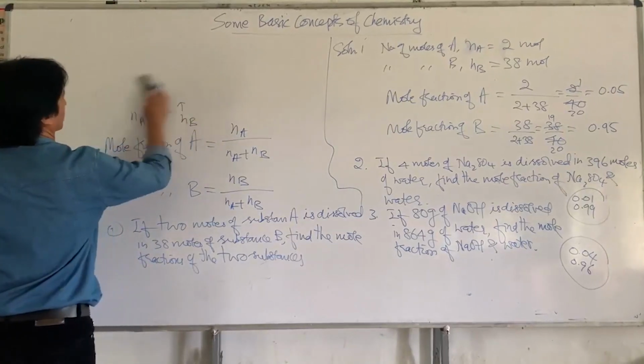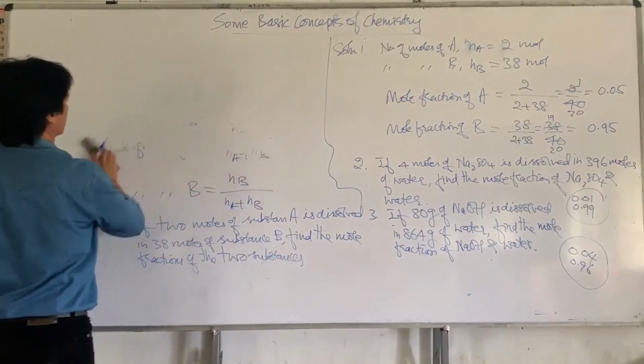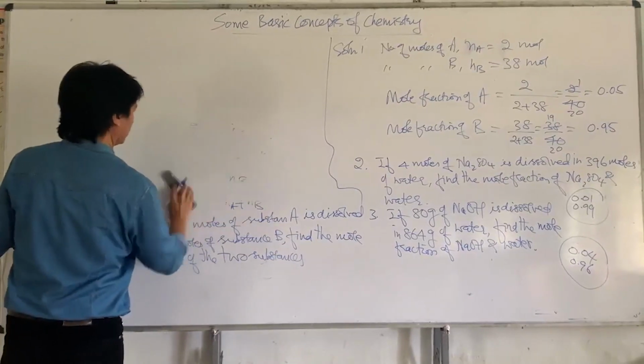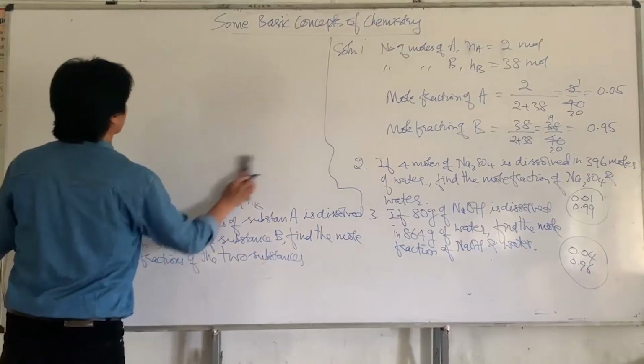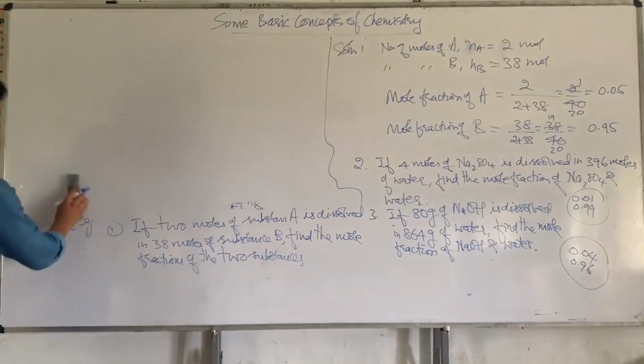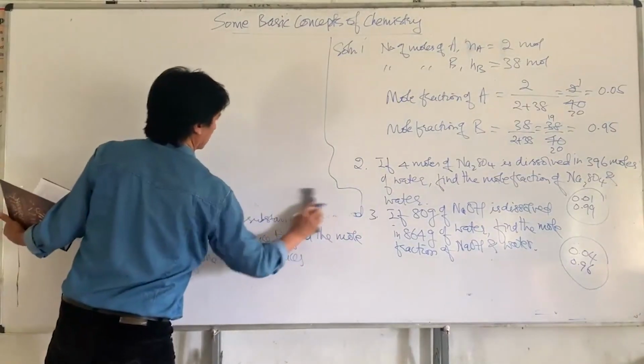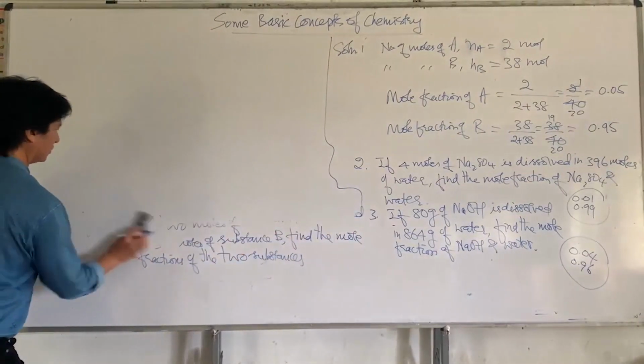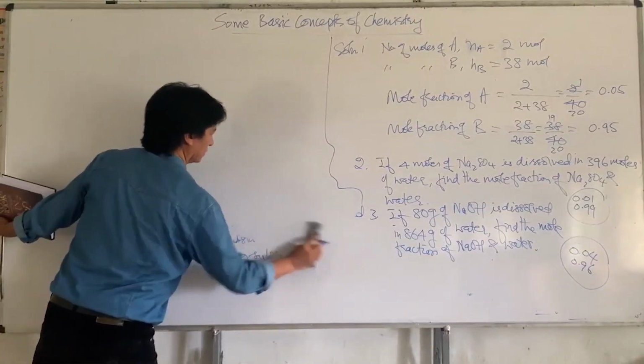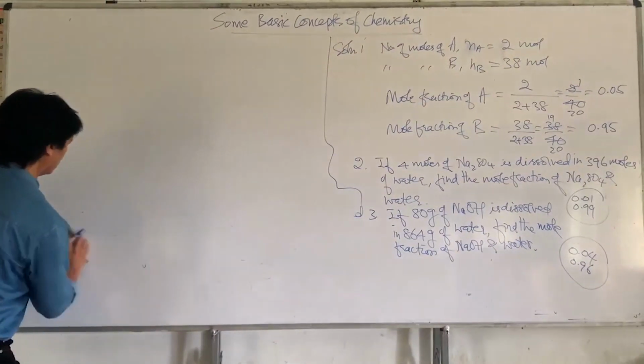Alright, that's it. And now the third method of expressing the concentration of a solution is molarity. So let's see how one can express the concentration of a solution in terms of molarity.